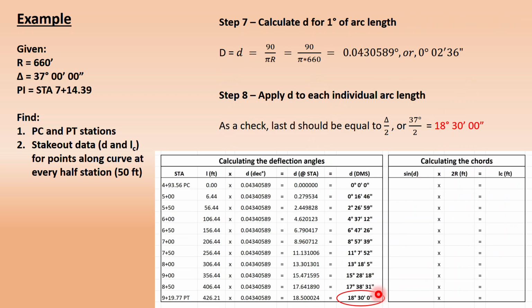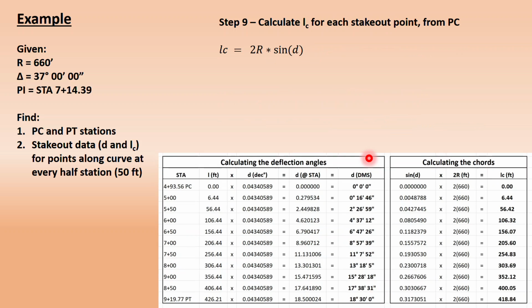It's always good to give yourself these little checks along the way to make sure you're not making any calculation errors until you get to the very end. So step 9 now is calculate your chord distance for each stakeout point as measured from the PC. Now remember, your chord distance is the straight line distance from the PC out to those points along your curve. And your chord distance is equal to 2 times your radius times the sine of the deflection angle.